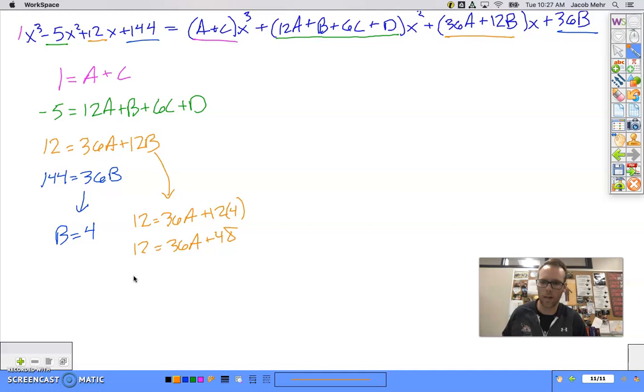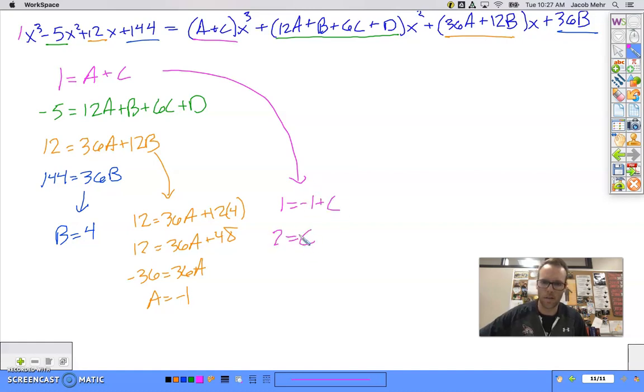That's 48. Subtract over, negative 36. This is working out very well. Equals 36A. A is negative 1. Excellent. If A is negative 1, I know I can find C. 1 equals A, which is negative 1, plus C, so that tells me C is 2.